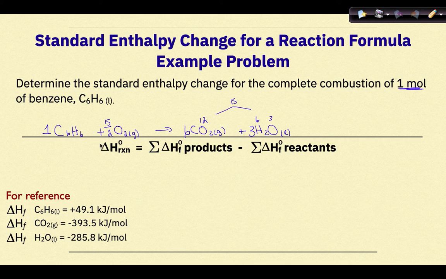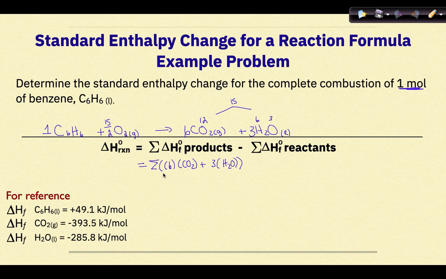So now what I want to do is take these reference numbers, which would be given to you, or you would be able to look these up in your textbook, and substitute them into this formula. So the first thing we're going to do is take the sum of the heat of formation of the products. So I have 6 moles of carbon dioxide plus 3 moles of water.